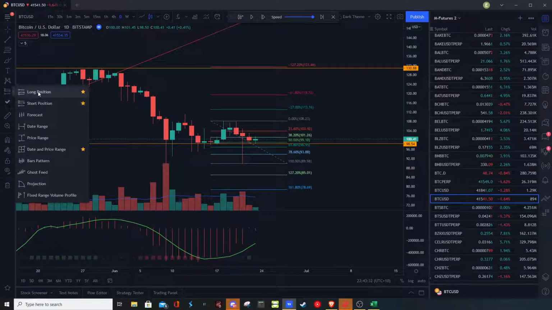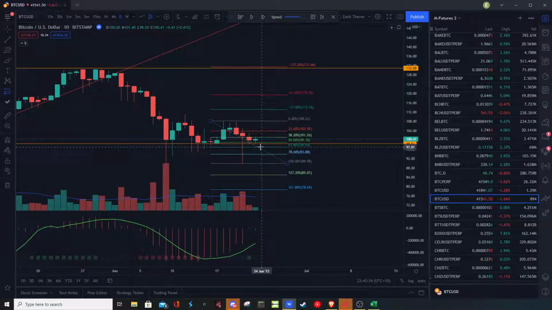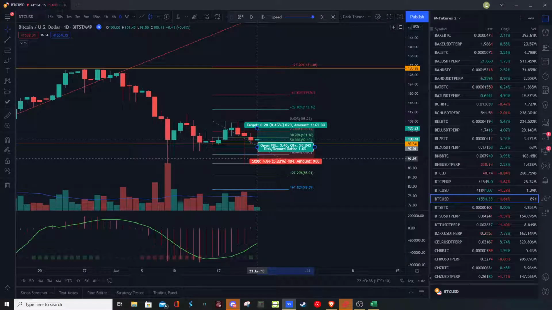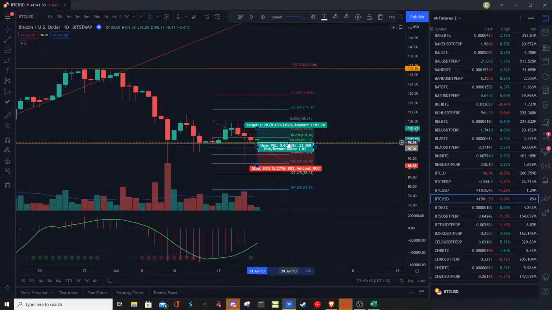So what I'll do is I'll put a long position on at the 68, at 5%. So we can move the stop loss to 8%, and it can still equal 1% account risk.